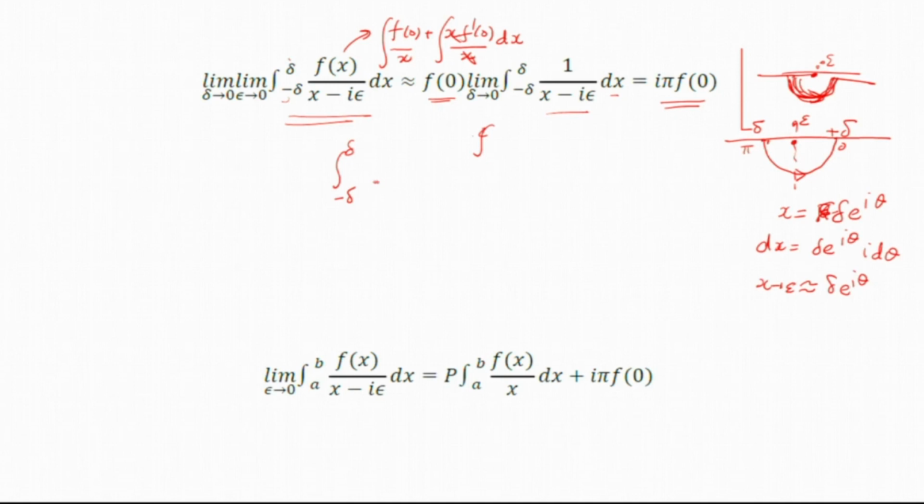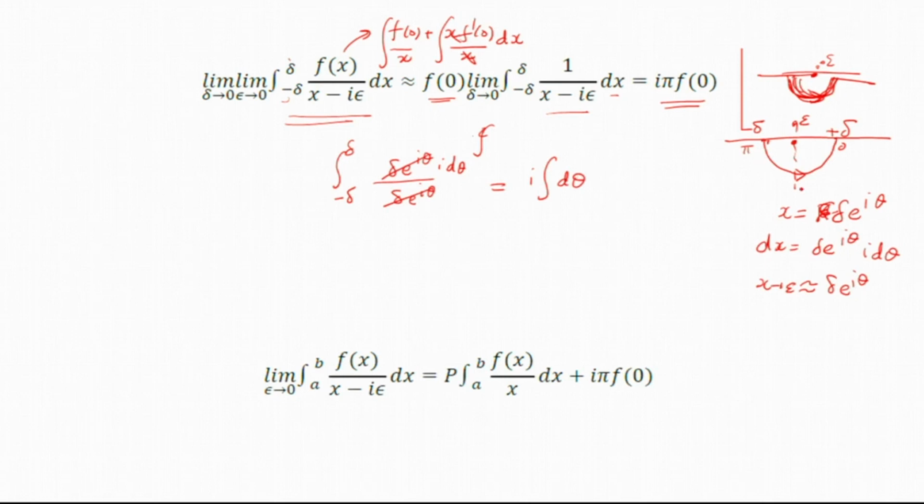Let us substitute it here: delta e to the power i theta, and above it is delta e to the power i theta i d theta. I have to do this on the semicircle. So, these factors cancel and I get i d theta.